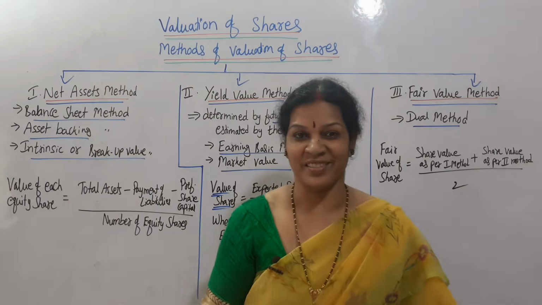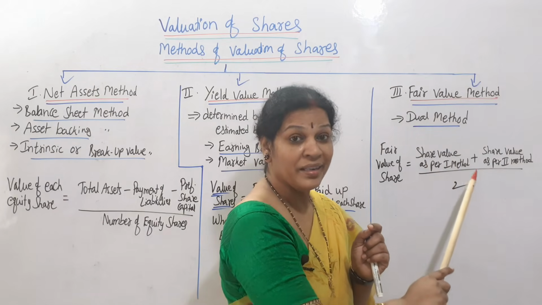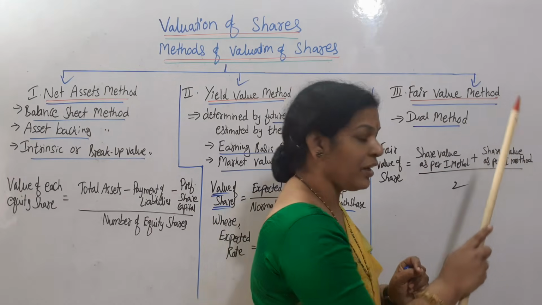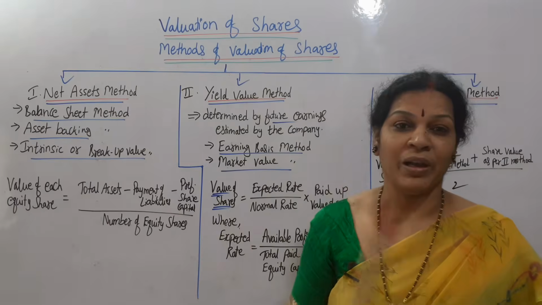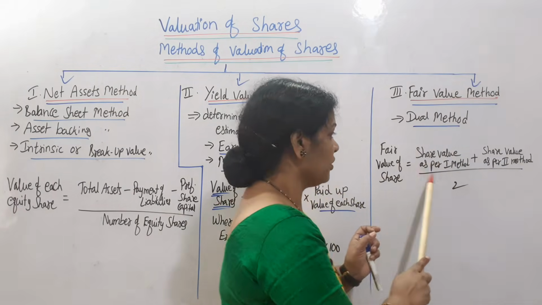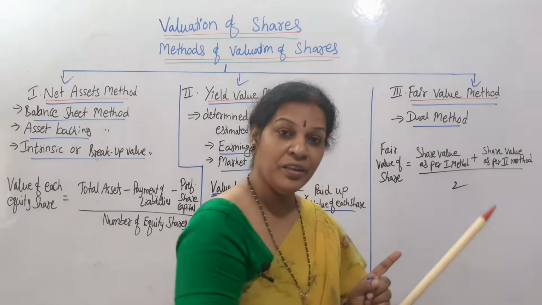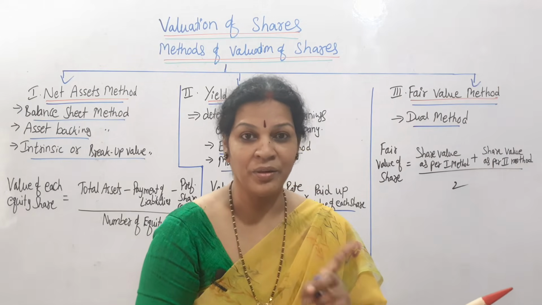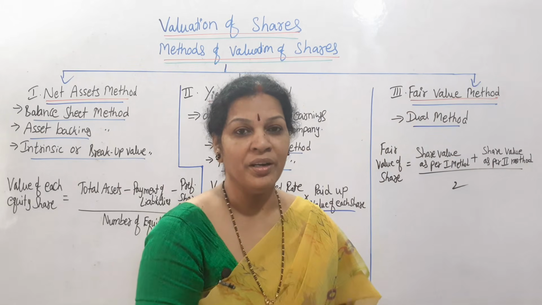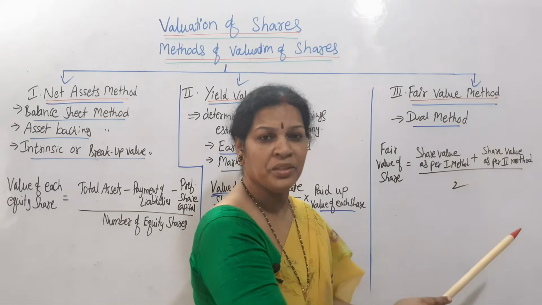Share value as per net assets method plus share value as per yield value method. It means we need to know the share value as per the net assets method and as per the yield value method, then you take the average of these two, which will be the fair value. The formula is saying the same thing, right?